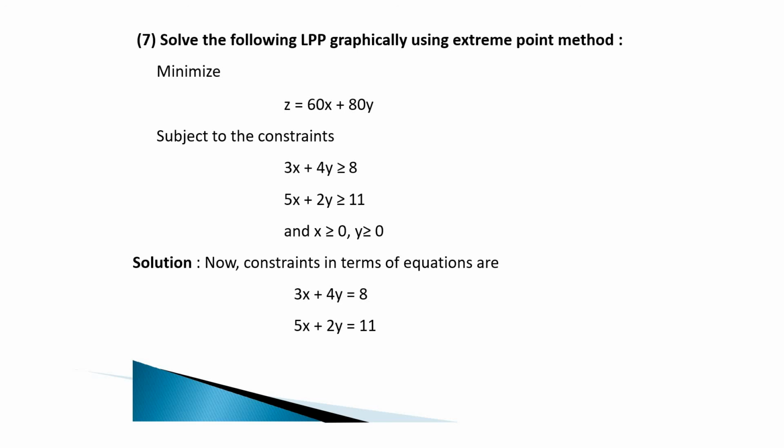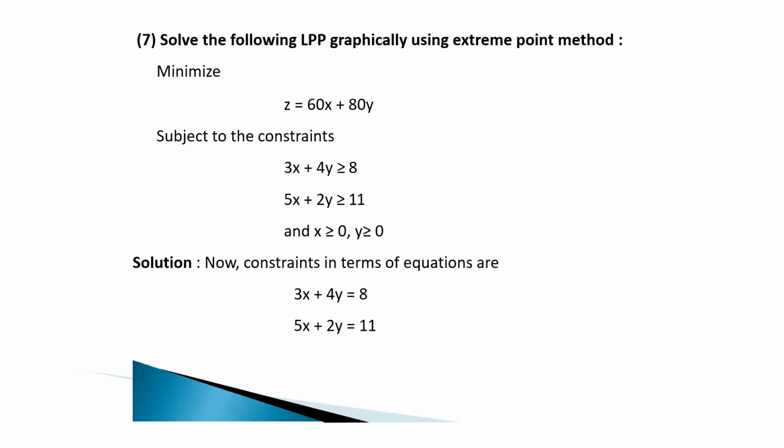Next question. Minimize z is equal to 60x plus 80y subject to the constraints 3x plus 4y greater than or equal to 8, 5x plus 2y greater than or equal to 11, and x and y both are non-negative.